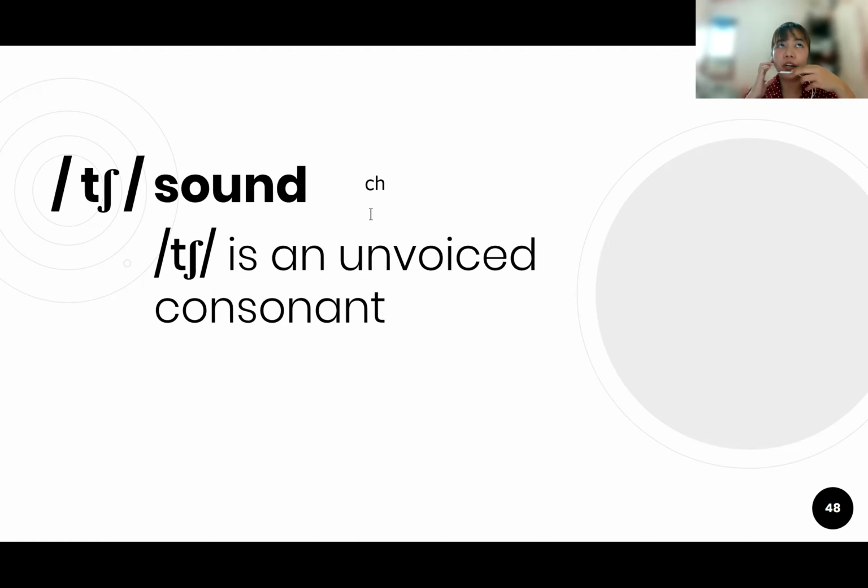So if you hear a word that produces your ch sound, this is the symbol that you use. Same with your sh na symbol kanina, but with letter T. So pag ganyan ang symbol, meaning ang sound niya is your ch na sound. Ch is an unvoiced consonant. So sh is different from ch.